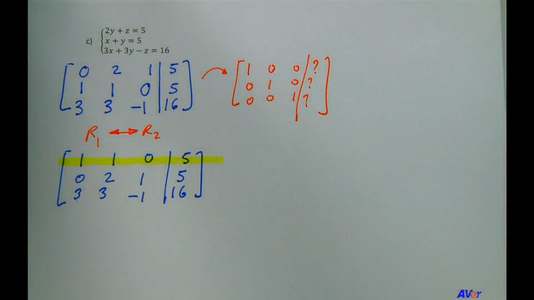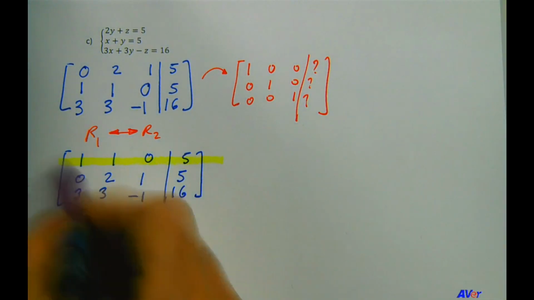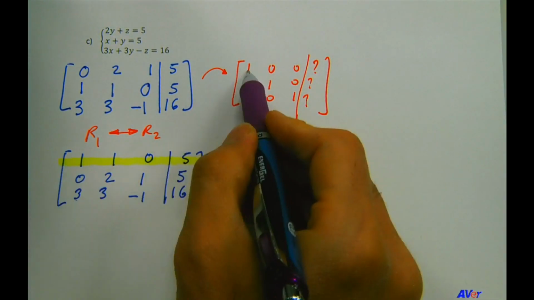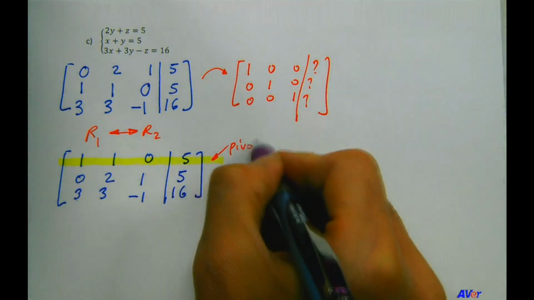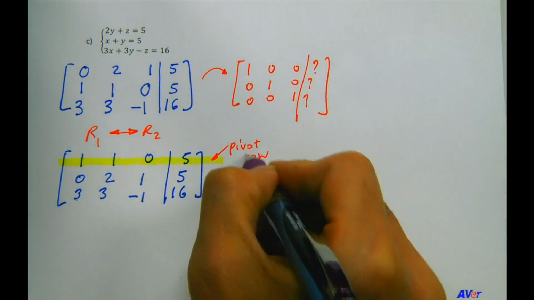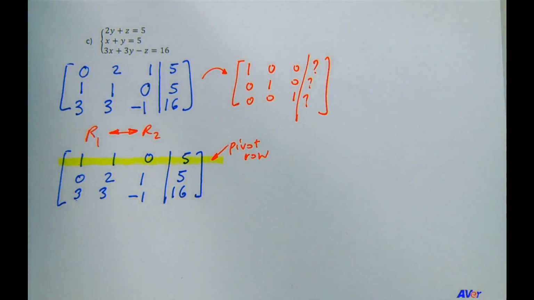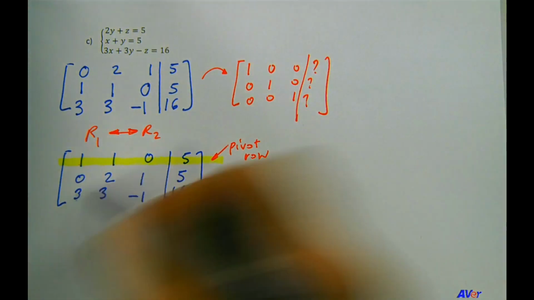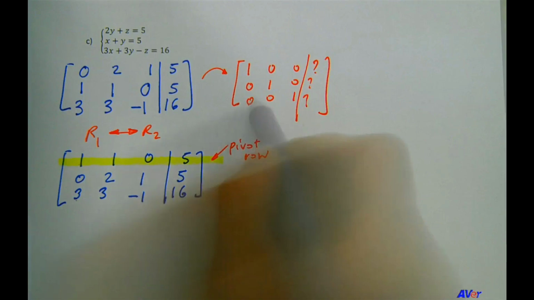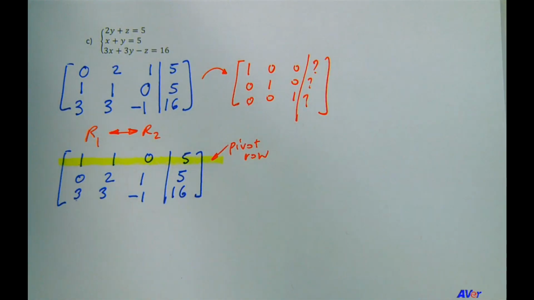Why is that? Because we just got the diagonal 1 for it, right? We just got the diagonal 1. Why is it important for us to establish which row is the pivot row? Because as we want to convert this 3 to 0, we need to use the pivot row to achieve that.